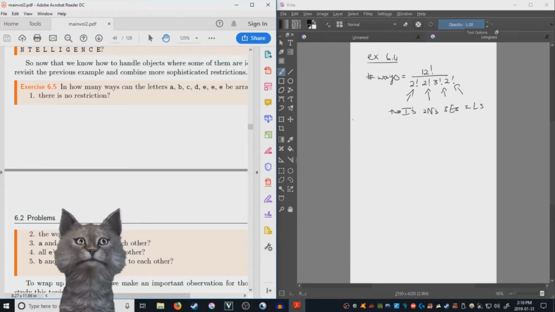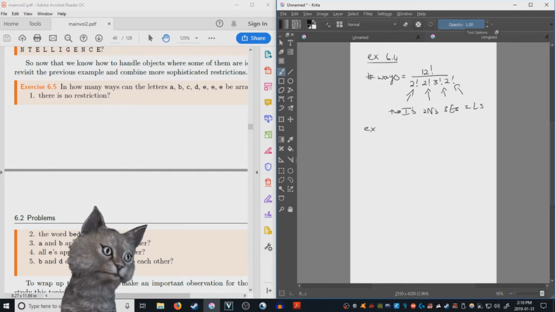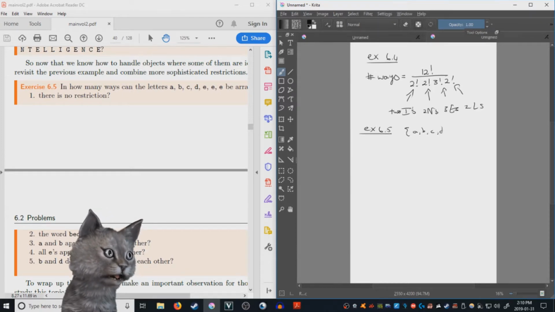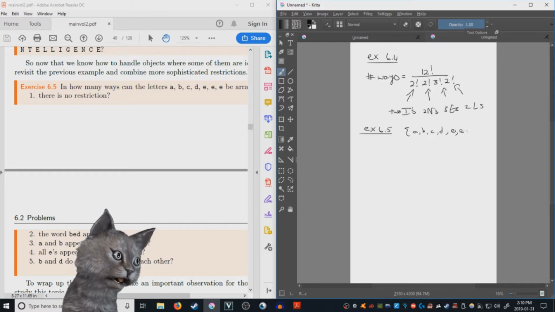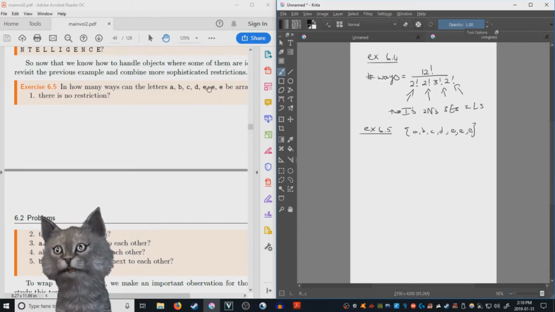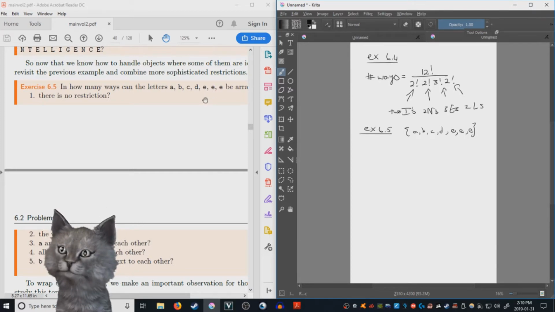Why not? So first up, we have this exercise, 6.5. And our letters are A, B, C, D, E, E, E.